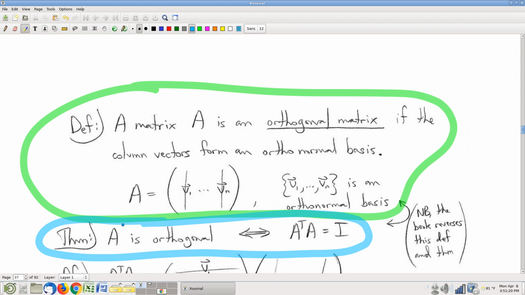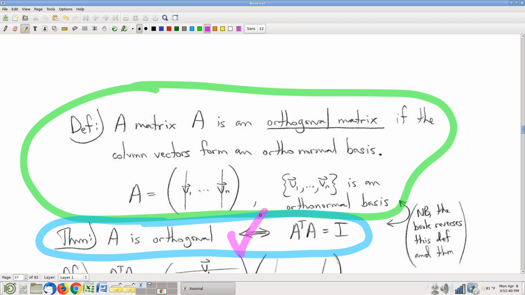That's the situation that we're in here. The book chooses to make this the definition of an orthogonal matrix. I'm a little uncomfortable making this a definition. This is just an aesthetic point, but I feel like definitions should be motivatable.